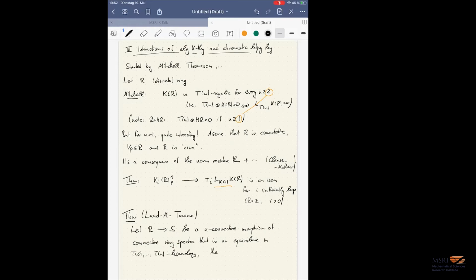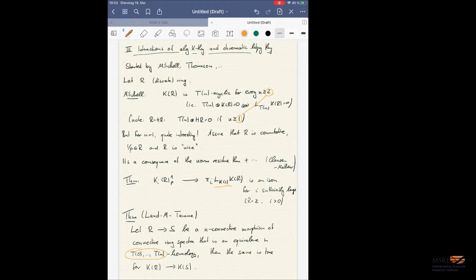Then the same is true for K(R) → K(S). Note that we really have to ask here for all the T(0) to T(n).